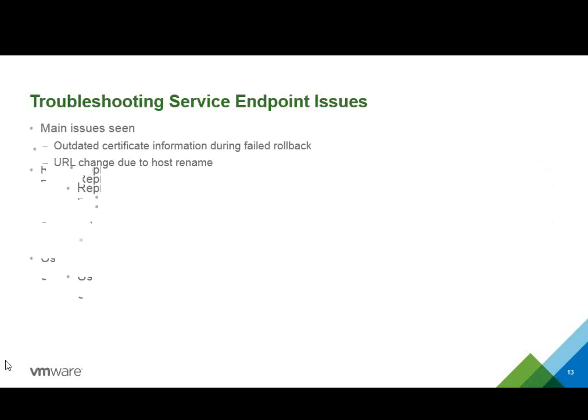If you're renaming systems, like the company gets bought by another company and there's an impending domain change, which happens more often than I would have thought before starting at VMware, that can mess up the endpoints as well. And also, if SSO is down during an uninstall, it will actually have issues with stale information.